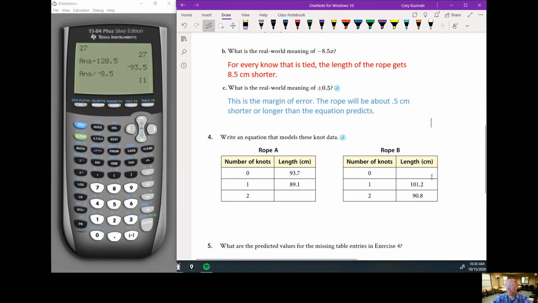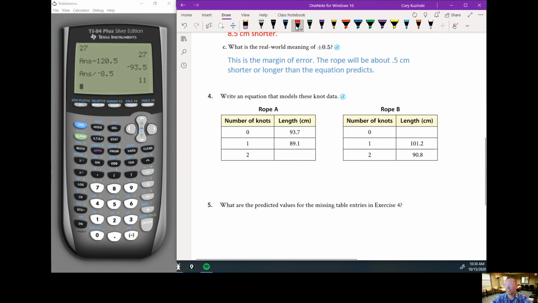All right, a couple more here. We're going to just write equations here. Okay, so this shouldn't be too tough based on what we've done because we can see that the number of knots is going up 1 here. So what's happening here? We'll use our little slope equation, 89.1 minus 93.7. And that is negative 4.6.